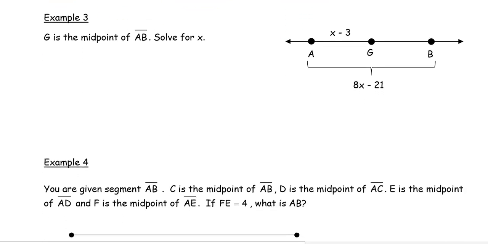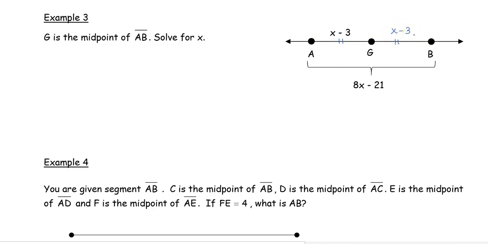So when we go on to number 3 where it says G is the midpoint of AB, I know that if G is the midpoint, that means that this segment is equal to that segment, which again is going to be very useful. I would set these two pieces equal. Unlike example 2, we don't have what GB is, but I do know that they're equal, so if AG is x minus 3, then GB is also x minus 3.